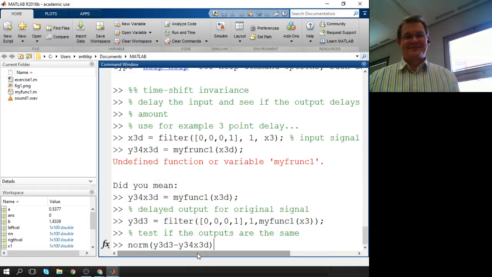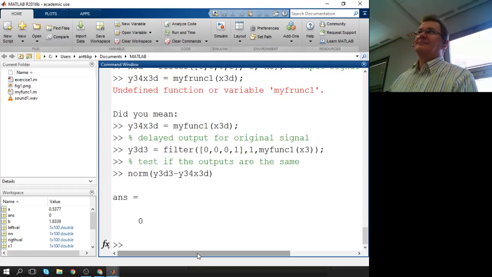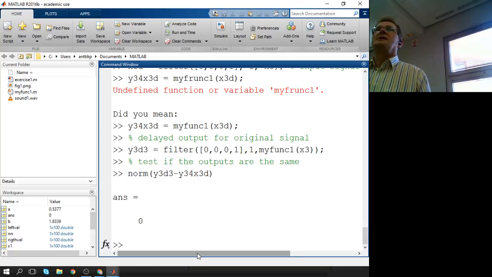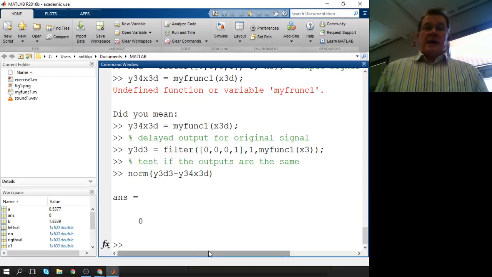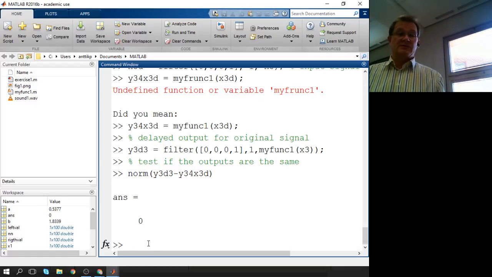Okay. Yes. And always 0. That is supposed to be. It just multiplies the signal by 2. It doesn't have anything to do with the time. Okay. So that means that our system was time shift invariant.